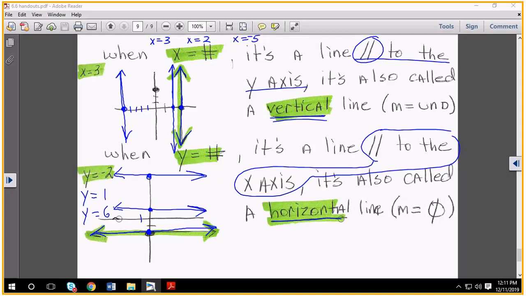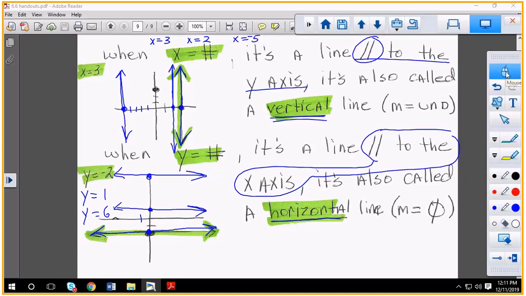So these are a little bit of introductory things. Make sure you know how to plot points. And if you were to plot the points and draw a line between them, that's your line. Make sure you know that, and I'll just do a summary here.